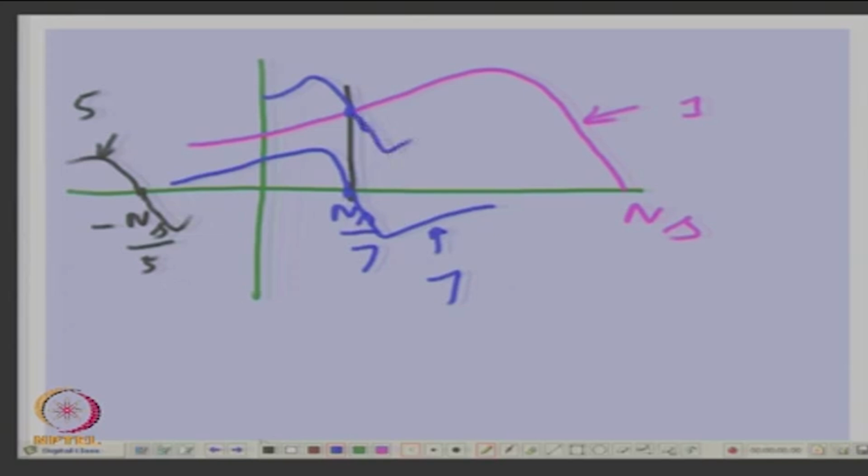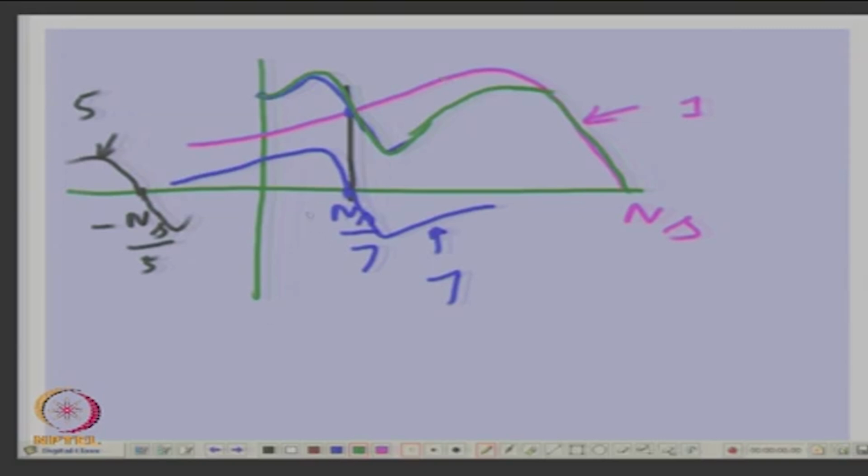So you might end up with another characteristic which may be something, okay, let us say it will go something like this. This is the net, is not it, right.